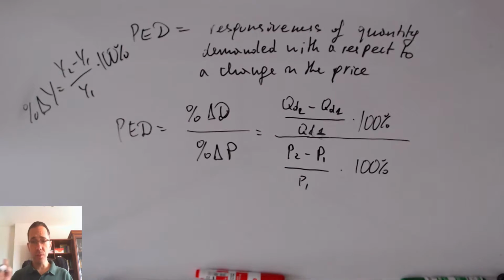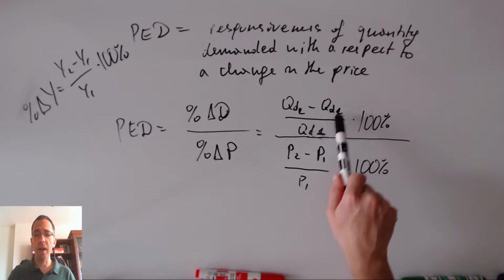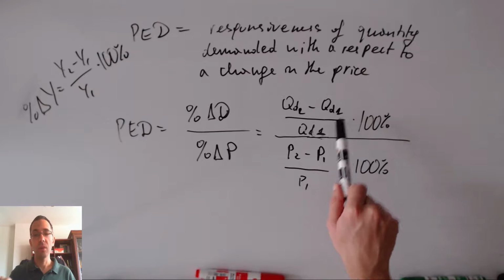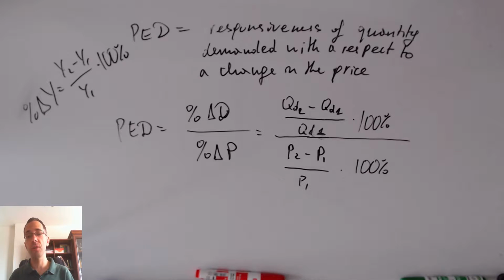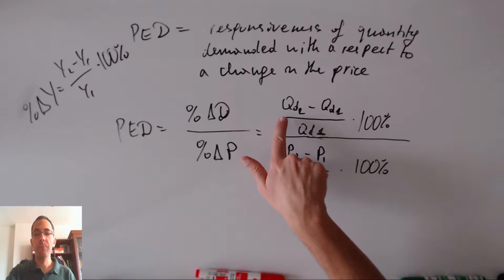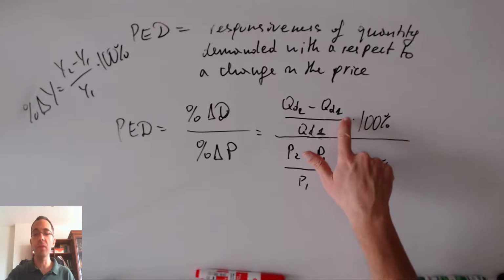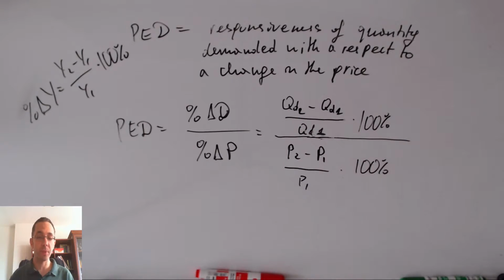Now, you may see some variations of this formula, and it will be useful to consult your textbook or ask your teacher, because sometimes instead of dividing by the old value, some textbooks tell you to divide by the average of the two values, and that will give you the price elasticity of demand at the midpoint. But in the most simplistic scenario, we divide the new value minus the old value by the old value. This is the formula for the percentage change.